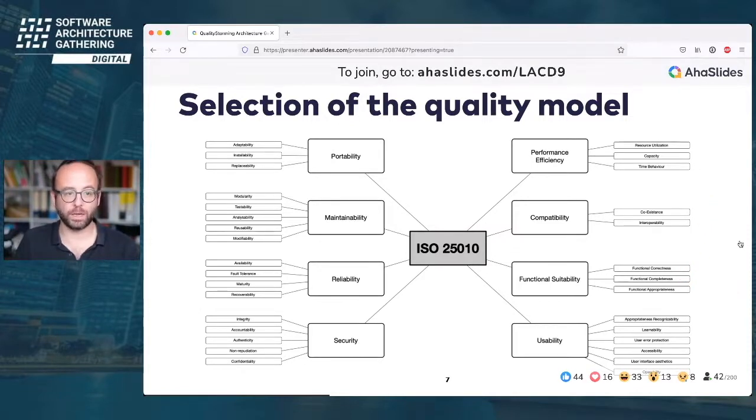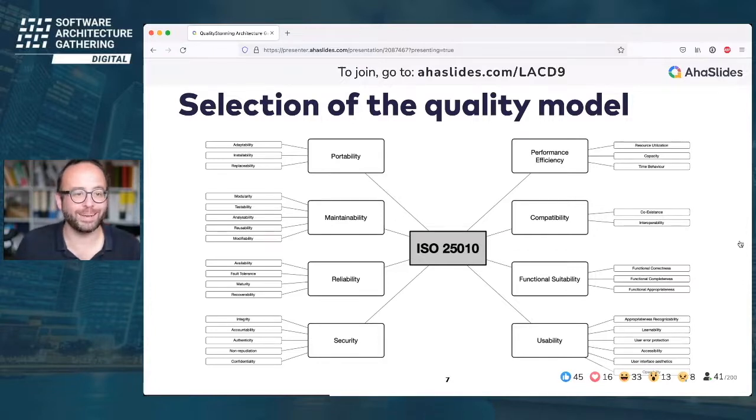If you don't have anything, or you don't have a standard in your organization, I would suggest just go for ISO 25010. Because that's a very widespread thing. Yeah, I think no one gets fired for using that. No one will probably get sued or anything like that for using an ISO standard if you don't have anything at hand.